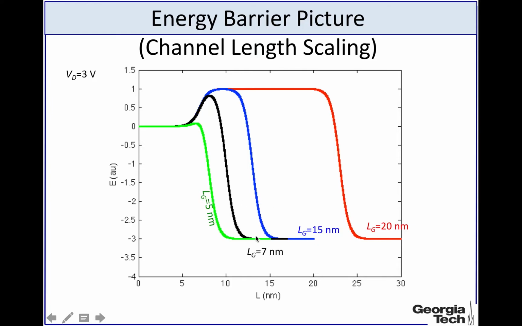Now what is interesting is that as you go to smaller channel lengths, for example 7 nanometers, the barrier starts decreasing, and as you go to 5 nanometers you can see that the barrier has decreased. This effect essentially means that as you decrease the channel length, the barrier height becomes a function of the drain voltage.